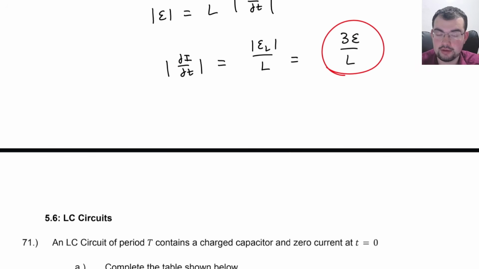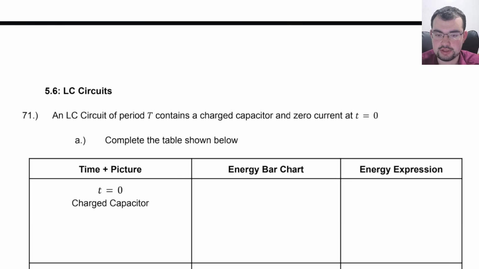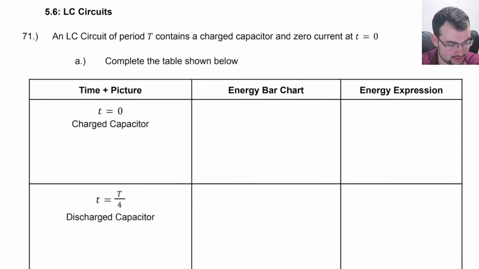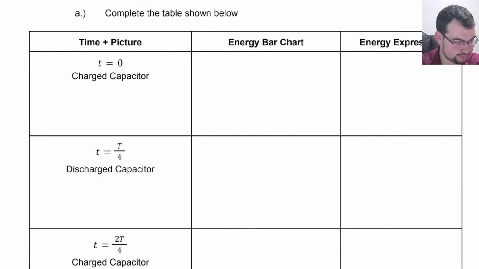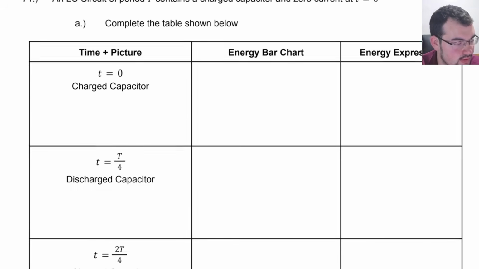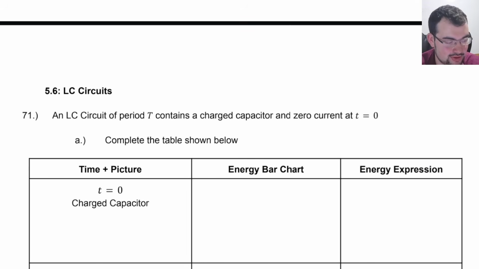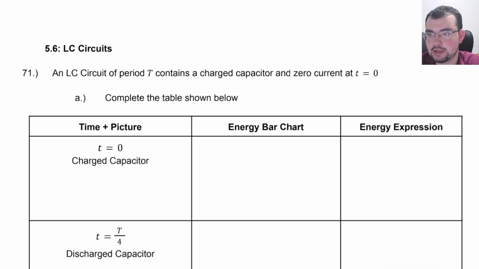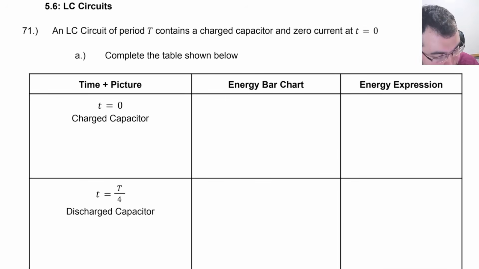All right. Last but not least, we have LC circuits. LC circuits are tough, but they don't show up very often. There's a lot of cool stuff with them, though. So we're saying we have a charged capacitor with zero current in a circuit at t equals 0, and we're going to close a switch.